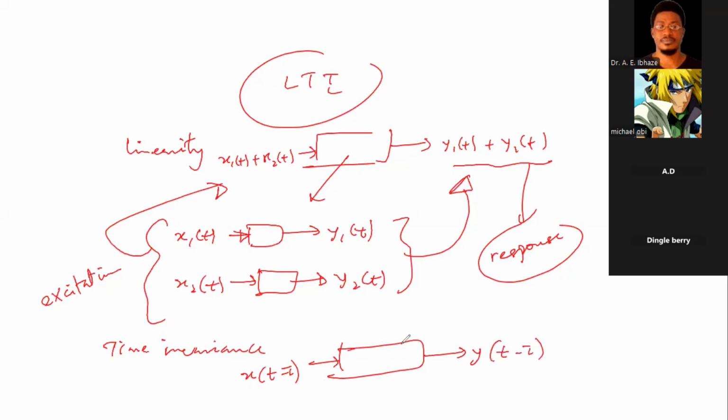So the implication is this: when we feed this system with this signal, say at 1 a.m., should we feed the same signal into the system at 2 p.m.? We should get the same output.